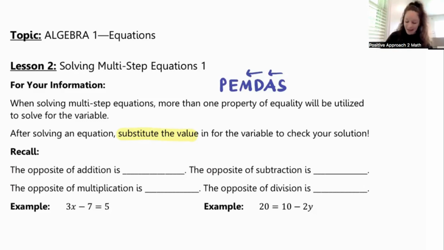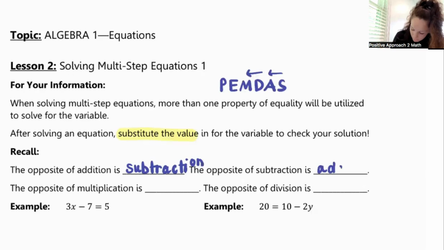Okay, so let's just do a little bit of a recap here. Our opposite of addition, hopefully you can fill in that blank, is subtraction. And the opposite of subtraction is addition. Right?